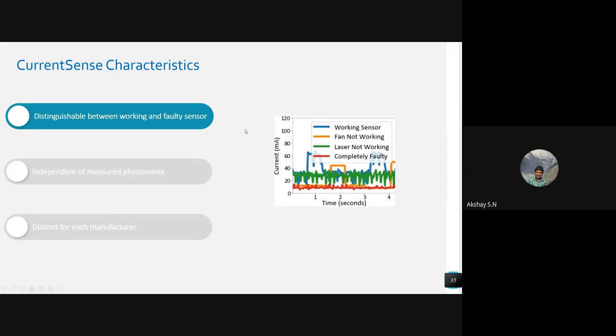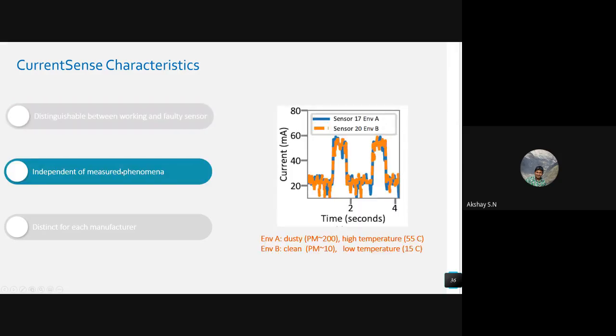That's the key property. The second property is that it is independent of the measured phenomenon. What it means is, here are two sensors. One sensor, sensor 17, the blue sensor, is deployed in environment A, which is very dusty, with very high pollution values and also high outside temperature.